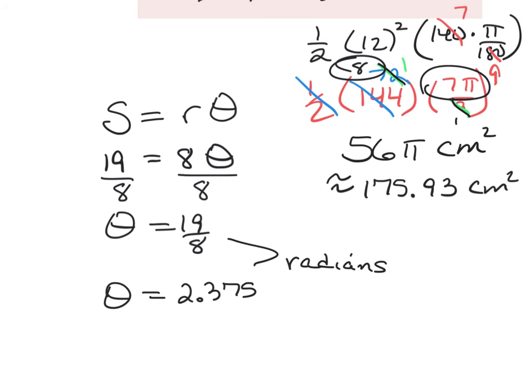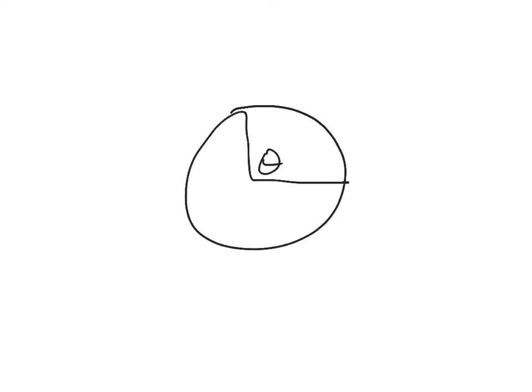Now, in the homework last night, they also gave you pictures. So just to clarify a few things here. On some people's, this was like their number 15. They gave you a picture like this, and they had theta here.